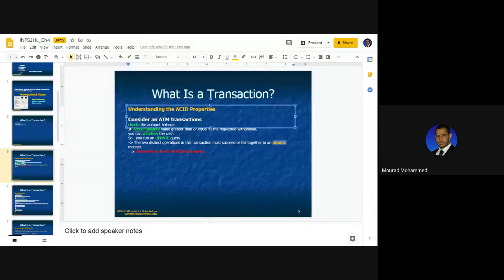Why am I saying rollback? Rollback means to cancel and come back one step to the initial state, because we cannot fail the checkup.